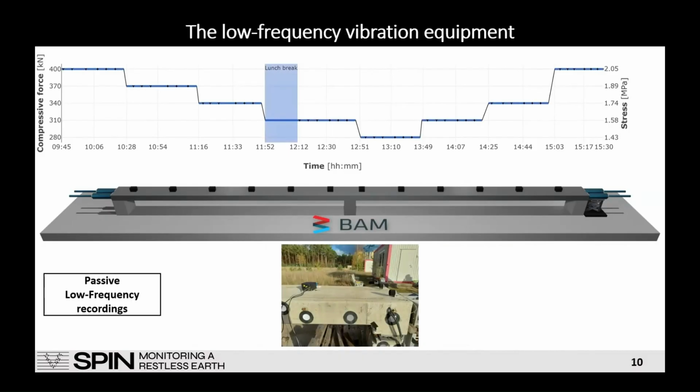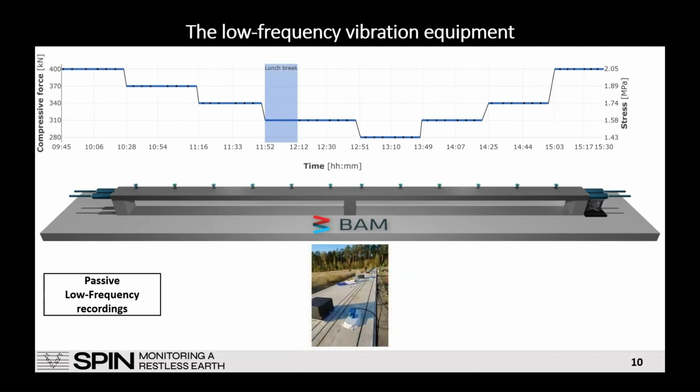During the experiment, we recorded information at different time scales. We recorded information at low frequencies using this non-conventional equipment, that is 6-component equipment. Those record acceleration in 3 components and angular velocity with 3 more components. We also use conventional seismic equipment: vertical geophones of 4.5 hertz natural frequency, which are conventionally used for seismic exploration.